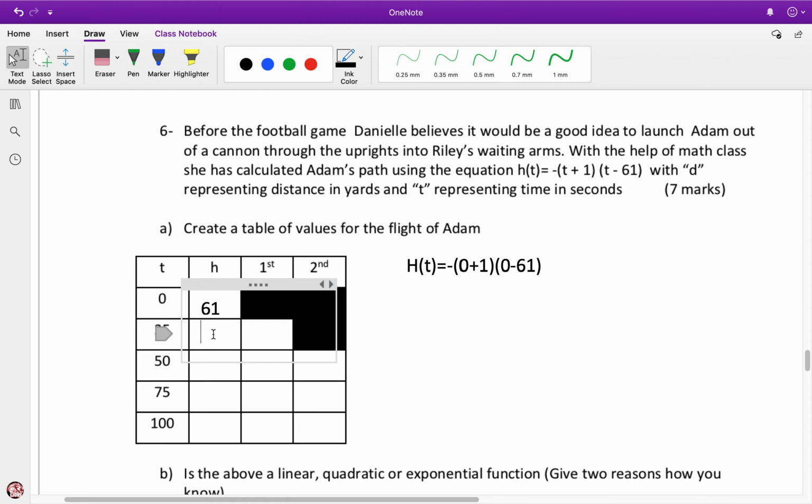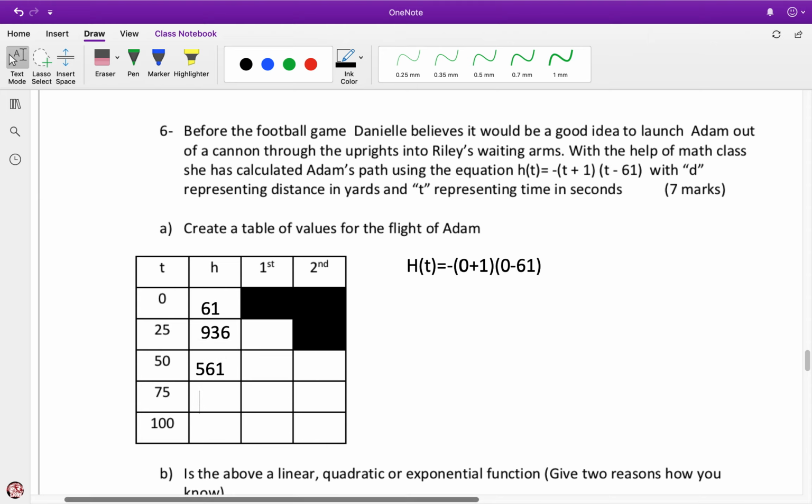936. 936 and 50. There's 50. 561. And then 75.